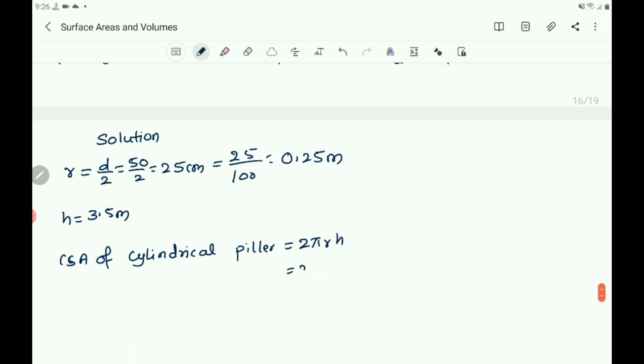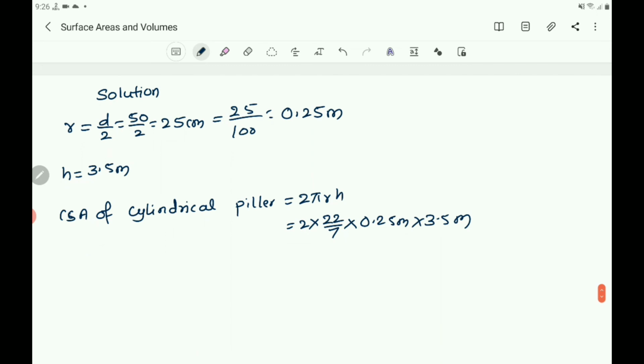That equals 2 into 22 by 7 into R, R is 0.25 m, H is 3.5 m. Then you can cancel the 7. You need not write this m, you take it afterwards.